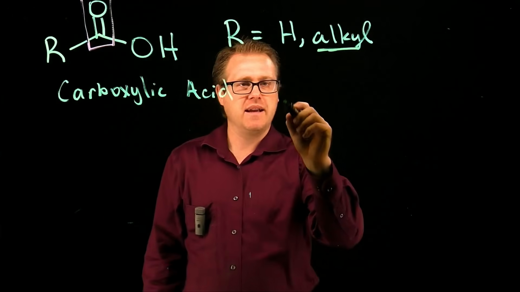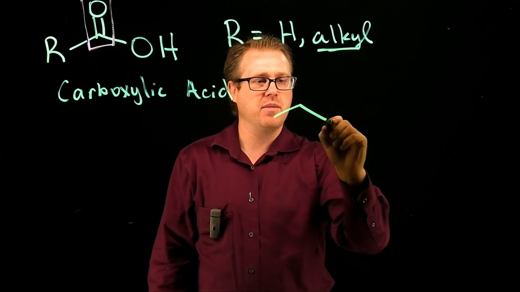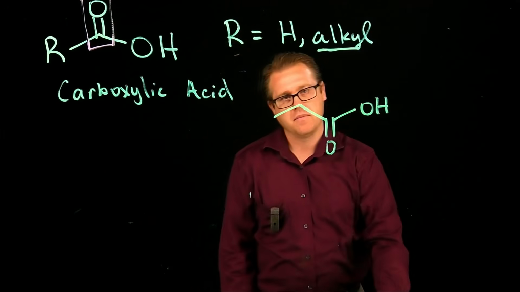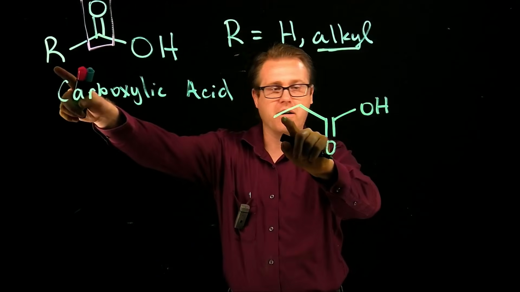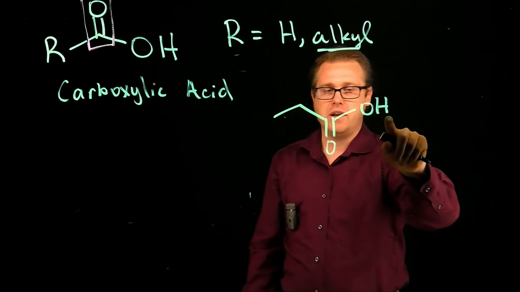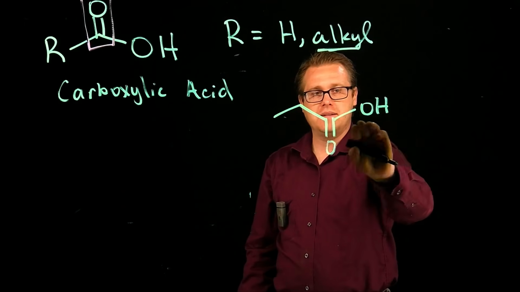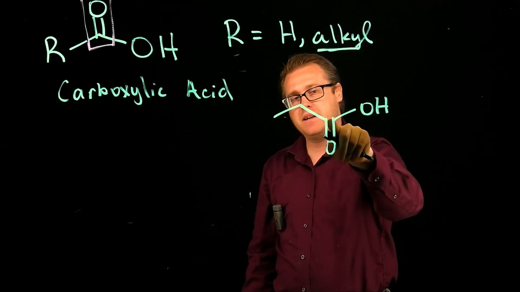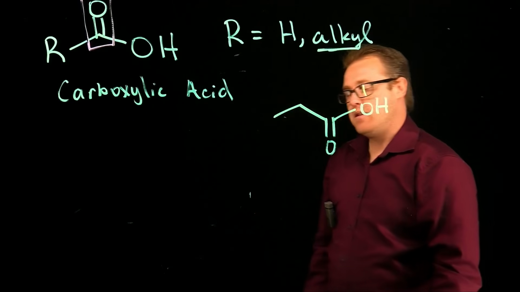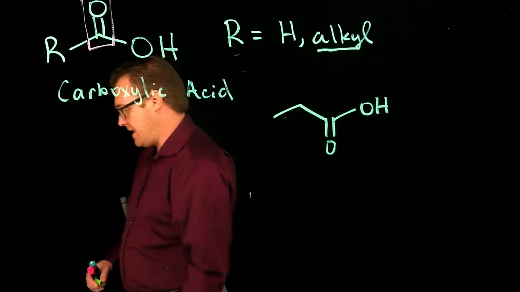So a quick example of a carboxylic acid could be something that looks like this. We have 2 carbons for my R group, my carbonyl, and then the OH. And it's this OH directly attached to the carbonyl carbon that makes this a carboxylic acid.